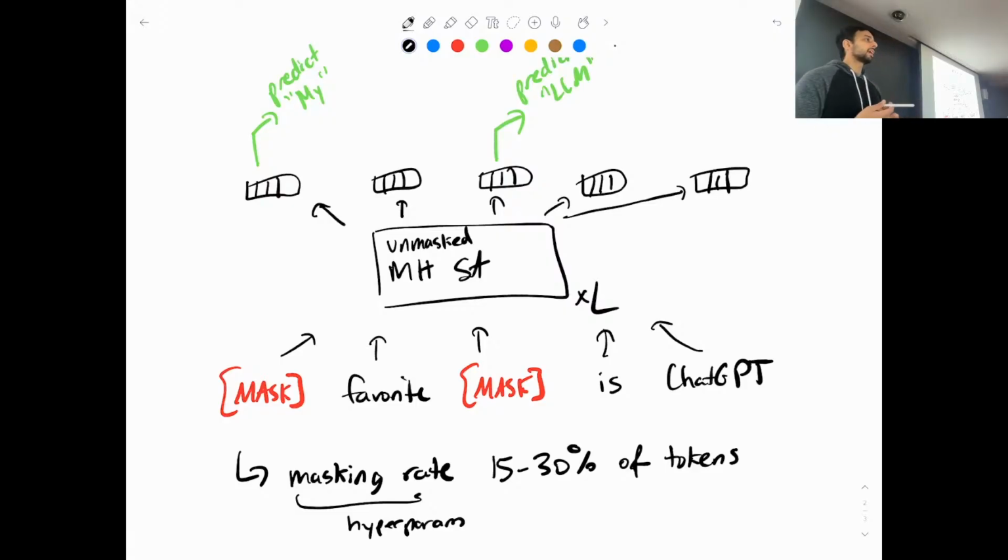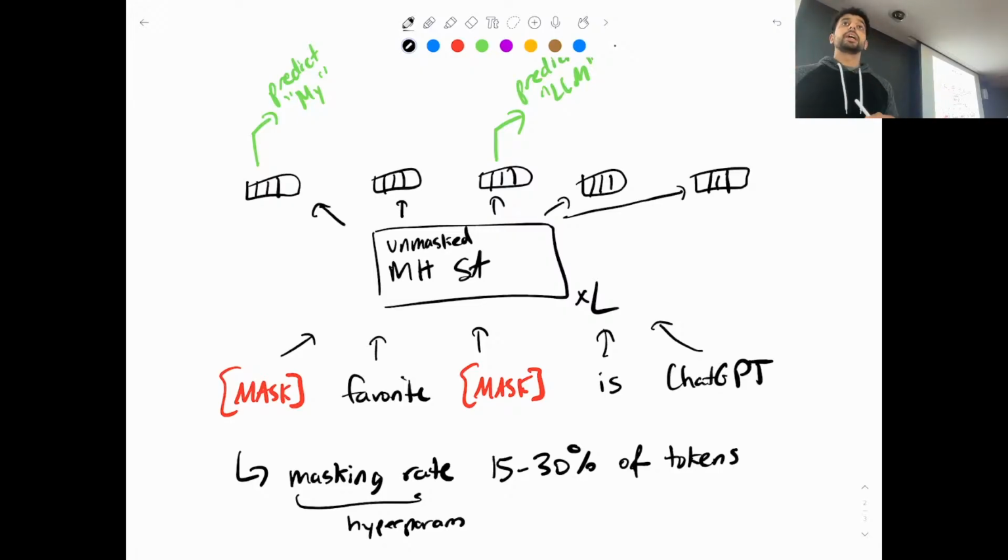Okay, so one other thing I want to point out here is that this kind of model is very hard to generate text from, right? Because here we assume that we have context from before and after the mask token. And so at test time, if I want to generate a new sequence, I have this artificial setup where maybe I construct an input like my mask and then fill in the mask token and then do a new input, my favorite mask, and so on.